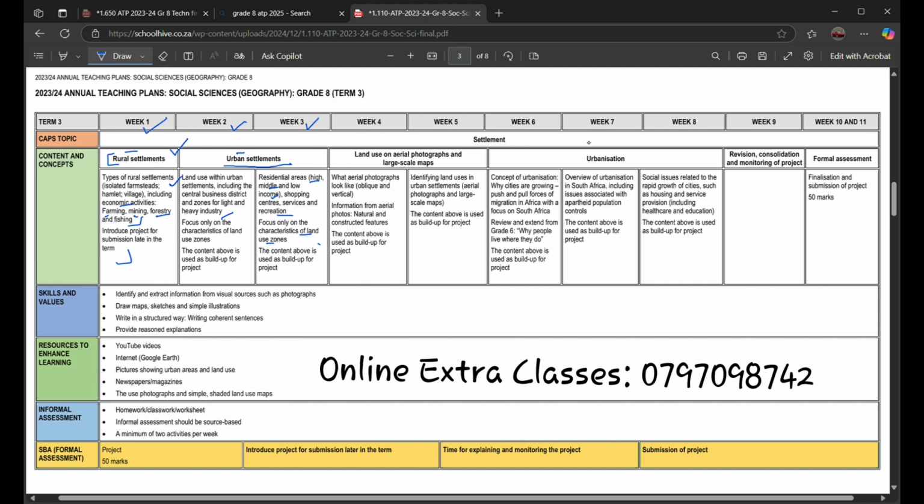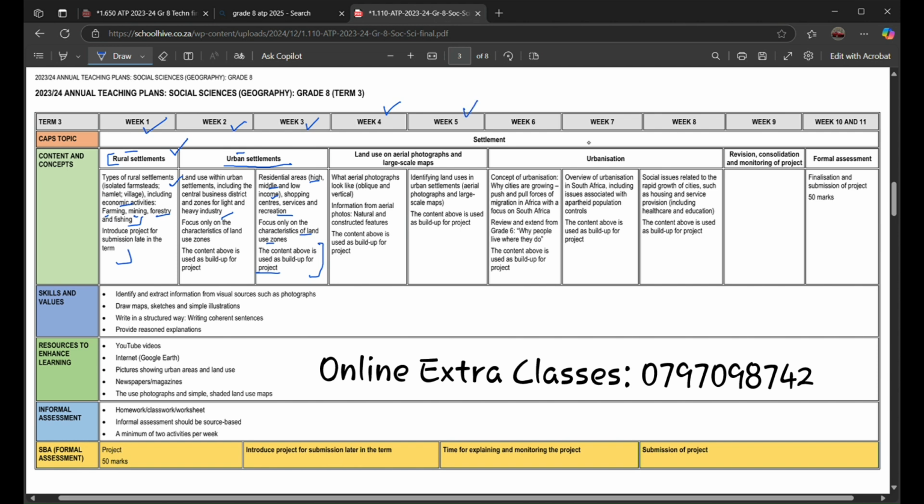And the components that we have just gone through are going to build up for a project, meaning that after covering this chapter under urban settlement, we will have a project that we will need to work on. Okay, so now let's move to week 4 and week 5.